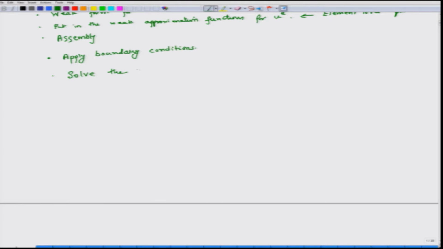We solve the equations for the unknown variables. And later, if we want, we can do post processing of that result.